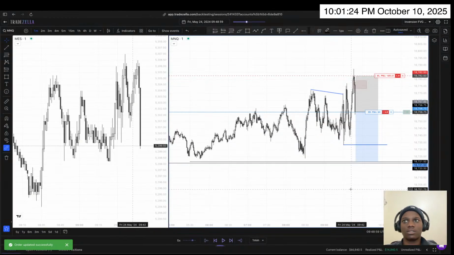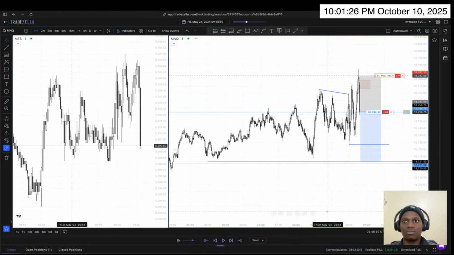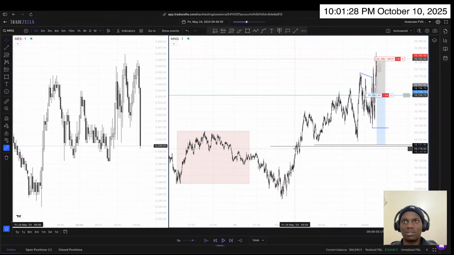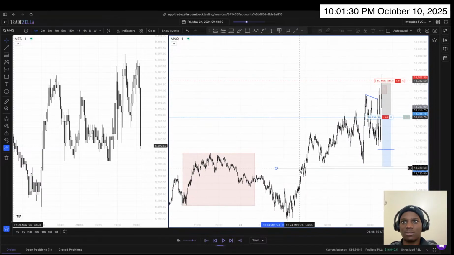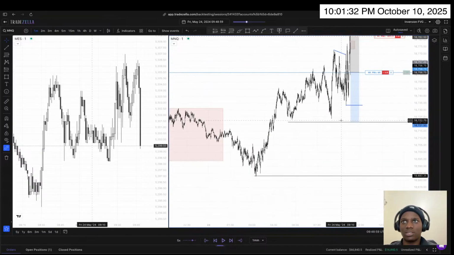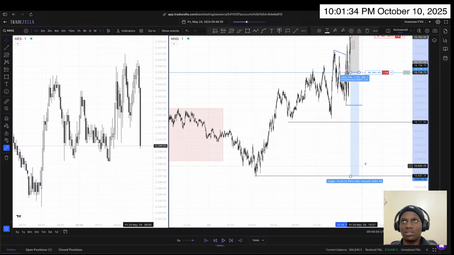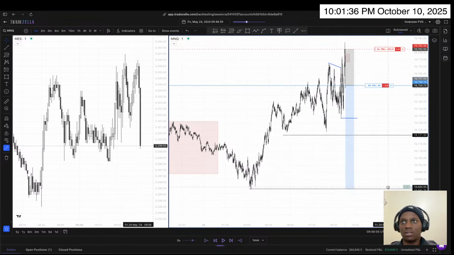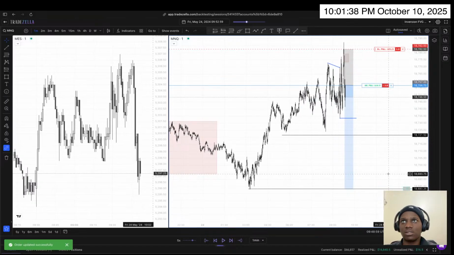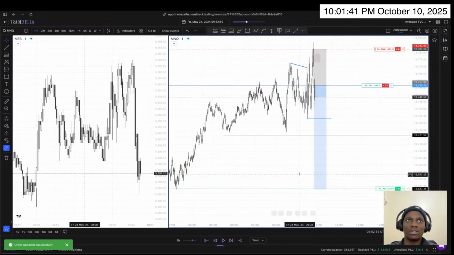And I'd like to target like this low here. I'd like to see it melt lower.